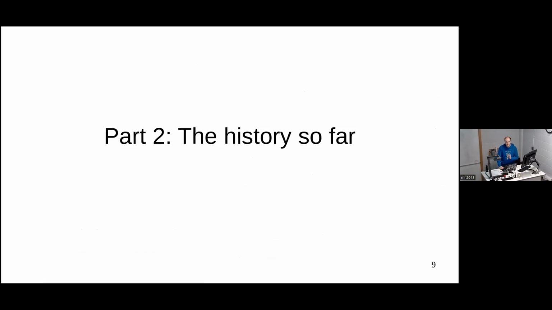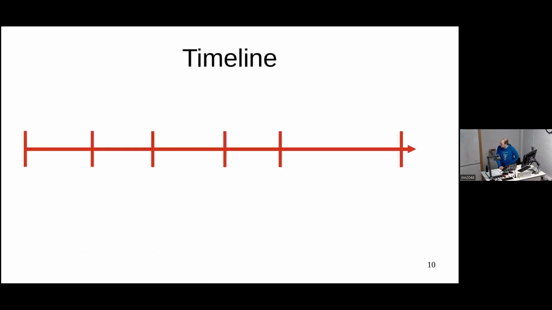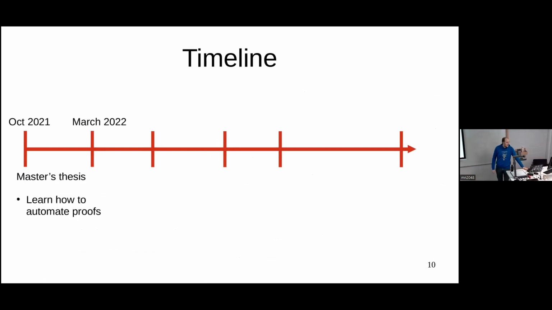So what has happened so far? I started my master's in October 2021, and during this master's thesis, I learned how to automate stuff in Isabelle, which is happening in ML, in Standard ML, and I wrote the composition algorithm that takes multiple datatypes and composes them into a big new one, which you will see later on how this is used.